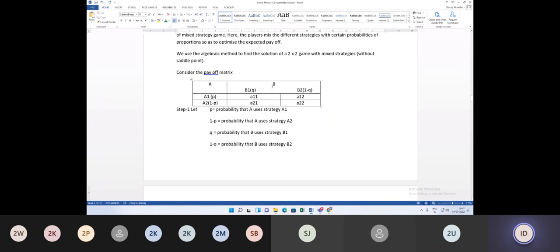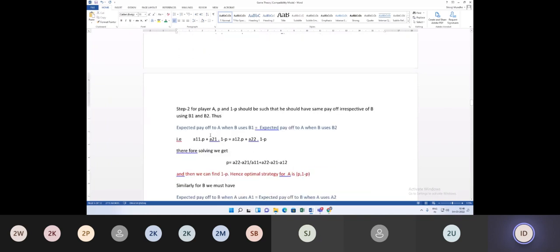When B is using B1, that means B is using Q probability. When B is using B2, it means 1 minus Q probability. Say, for example, if B is using A1 strategy, then A11 is multiplied by Q, right? And we have to add these, and whatever result we get is an optimal strategy.